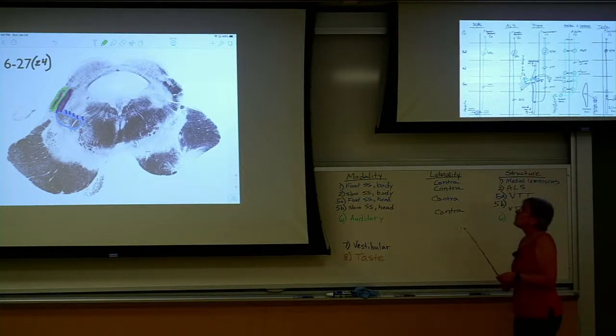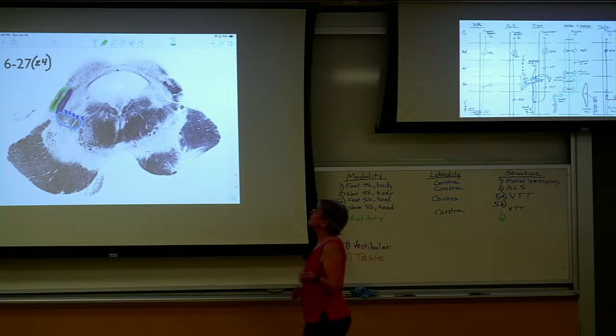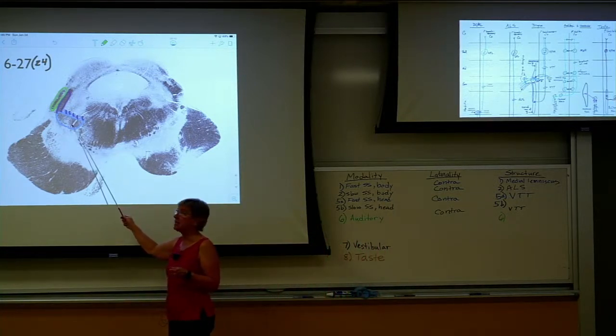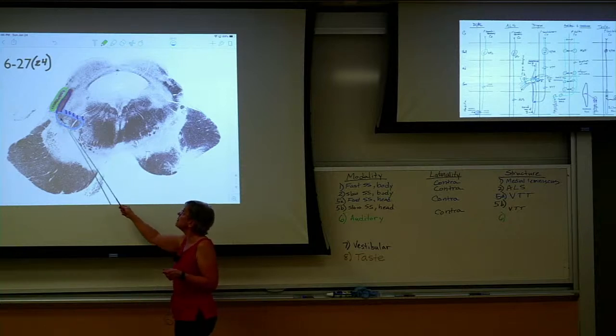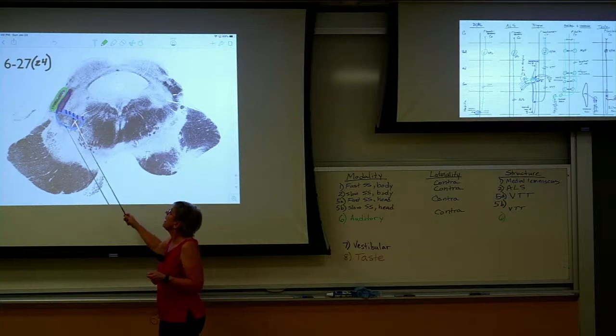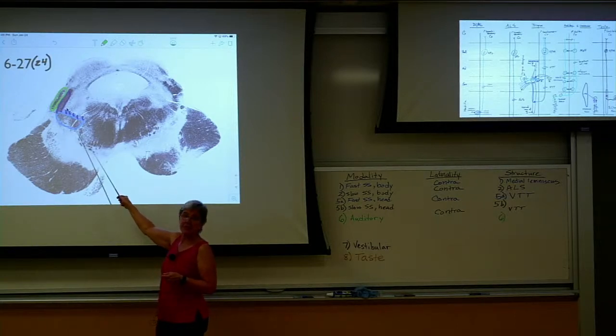And we still have our somatosensory information. Fast somatosensory for the body is still found here in the medial lemniscus with the legs lateral, shoulders medial. The anterolateral system is now found right here. Slow somatosensory information from the contralateral body, same old, same old.